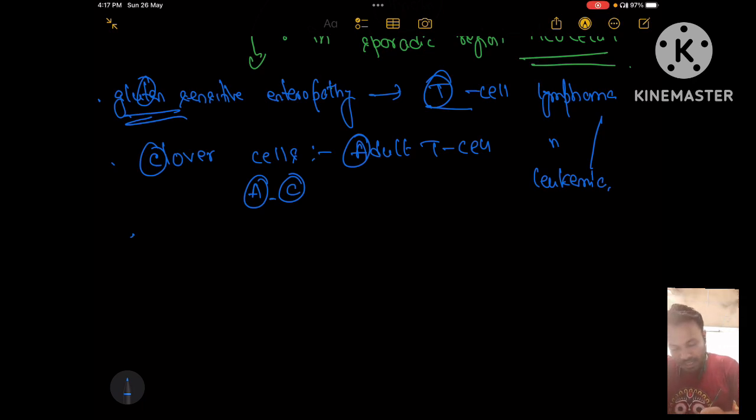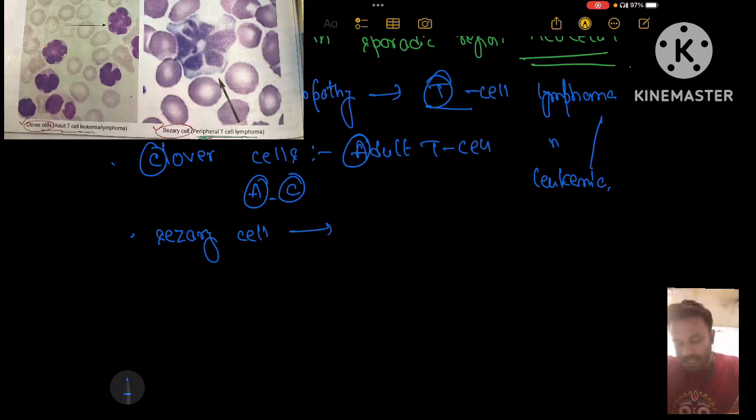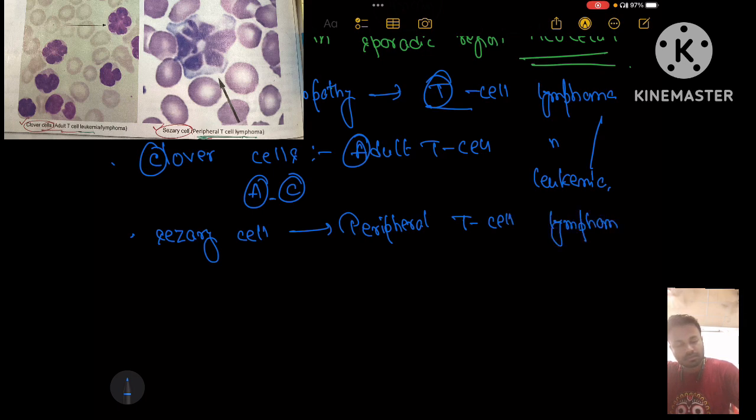Next, Sézary cell. Sézary cells are seen in peripheral T cell lymphoma.